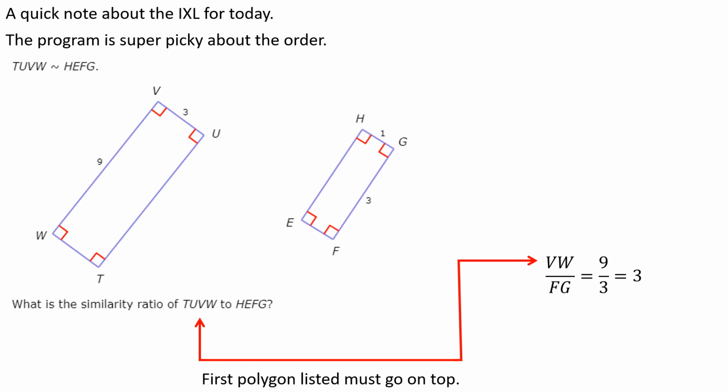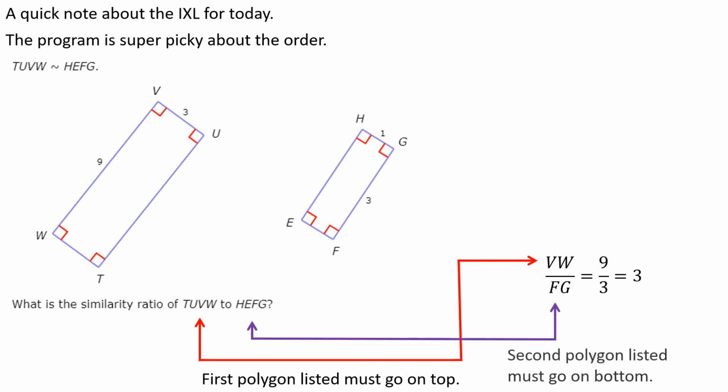And although I might have understood what you're doing, IXL doesn't want to go the other way. So whatever polygon they list first, put that on the top. Whatever polygon they list second, make sure that gets placed on the bottom. Right? 9 divided by 3 will get me 3.